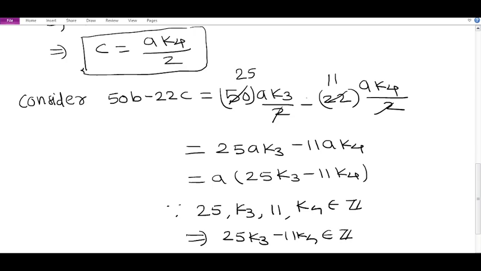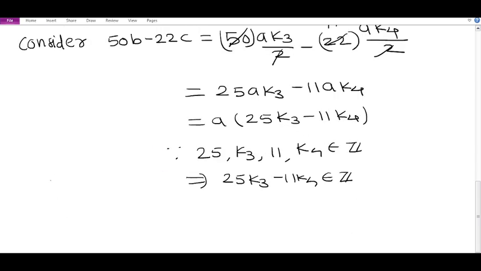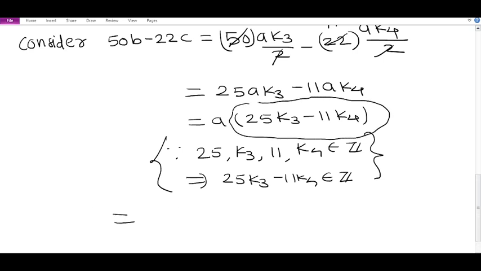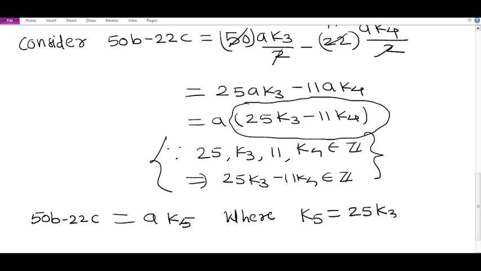So we can write 50b minus 22c is equal to a times k5, where k5 is equal to 25 k3 minus 11 k4, which is an integer.